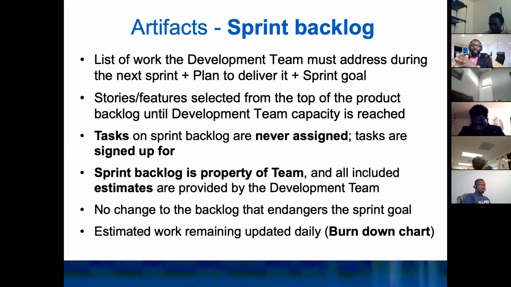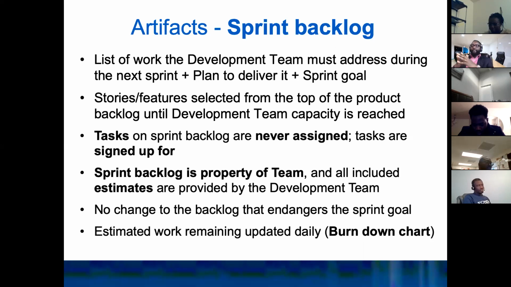That's why the product owner cannot impose any amount of work on the dev team or modify the sprint backlog unless it is negotiated with the dev team. And the dev team is the one who's going to know whether making any change to the sprint backlog is going to jeopardize the product increment or the sprint goal.